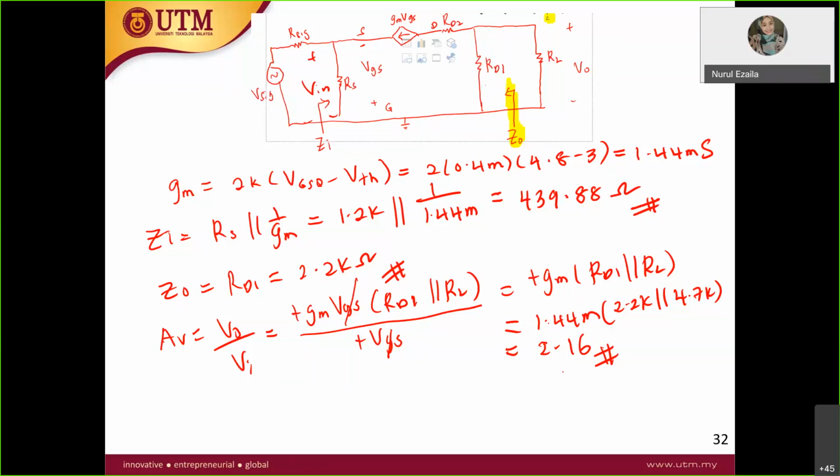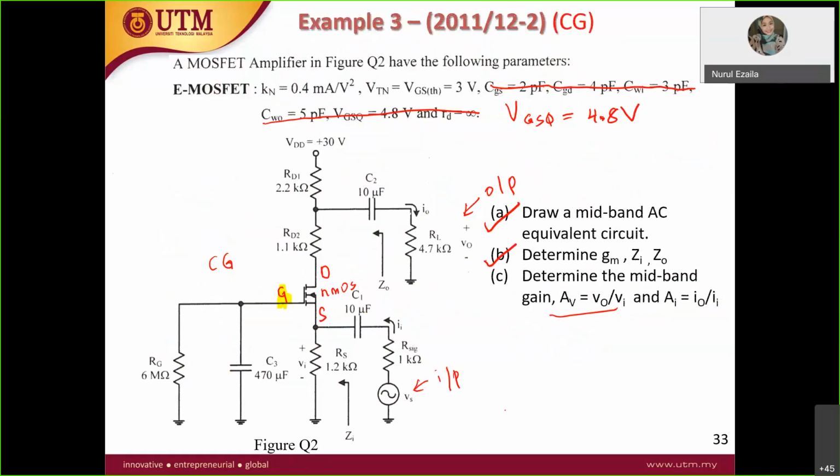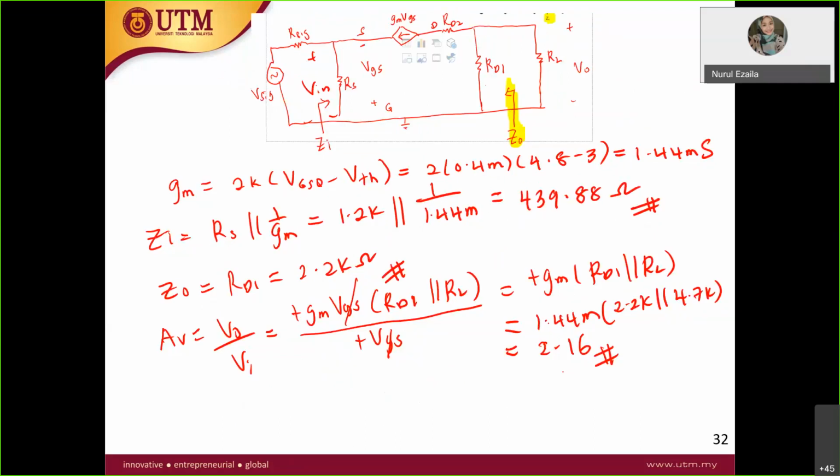So now for the next one, I out over I in. Since they ask you I out over I in, look at the arrow. Although I know we won't be asked about I out, it doesn't matter. The I out is over here, going down to the RL. This is your I out.